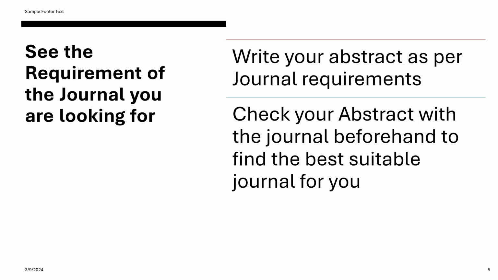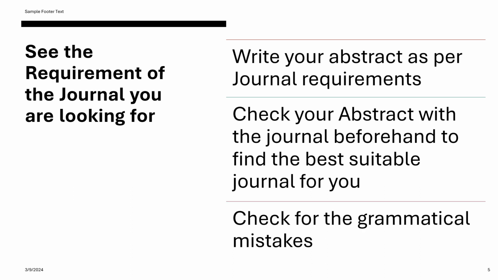As I already told, check your abstract with the journal beforehand to find the best suitable journal for your research work. One main important thing is to check the grammatical mistakes. Don't make any kind of grammatical mistake in the abstract of your research paper.